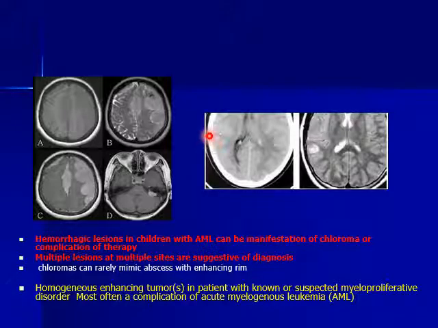So you should give contrast and do MRI to see if these lesions are enhancing or not, because a lot of time these lesions are enhancing and represent leukemic infiltrates, not only just hemorrhage due to impaired hemostatic process in these patients.